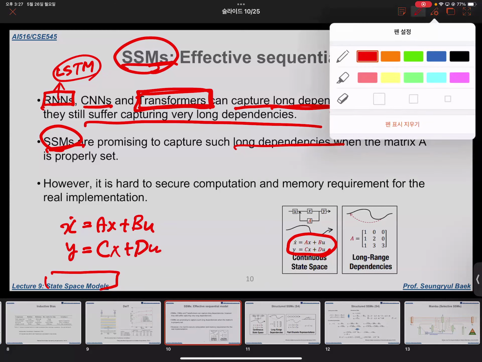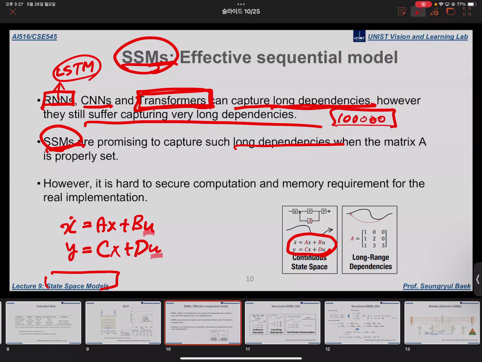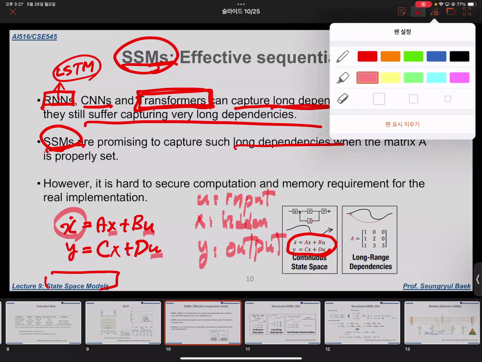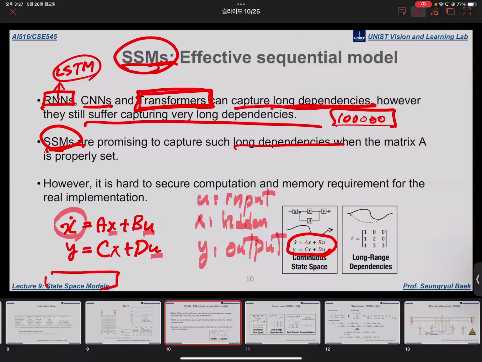Here, u is the input, x is the hidden state, and y is the output. And this x dot means differentiation with respect to time.